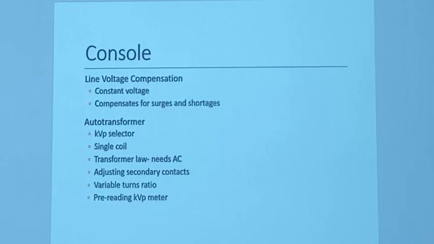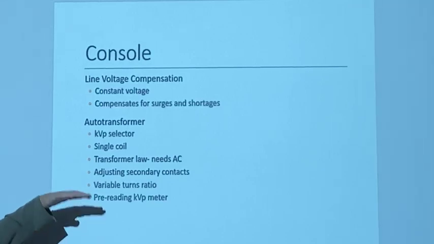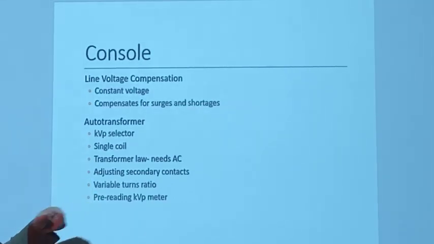So we got a lot of different words for the auto transformer. That's a rheostat, it's a variable resistor, it's our KVP adjustment. And what we have to make sure our KVP is going to be right is what we call a pre-reading KVP meter. A significant difference between an auto transformer and a high voltage transformer is a high voltage transformer has 2 coils and the ratio is set.